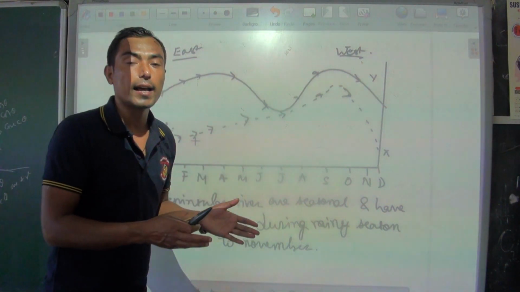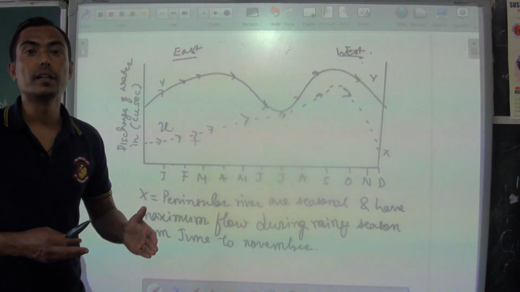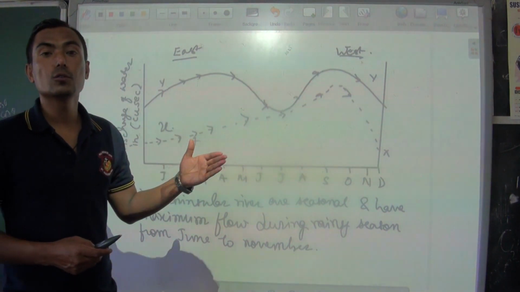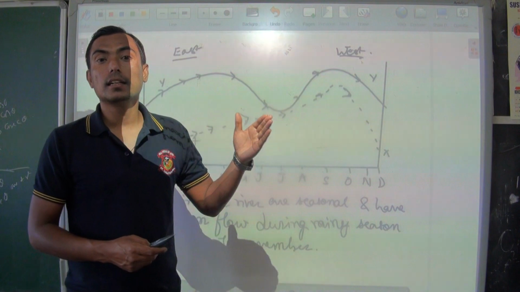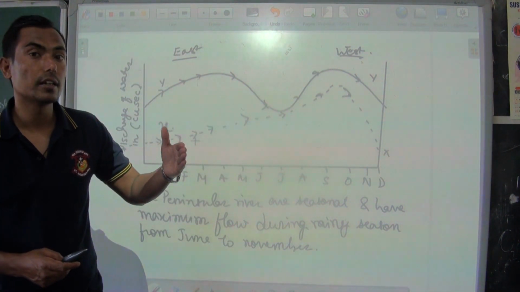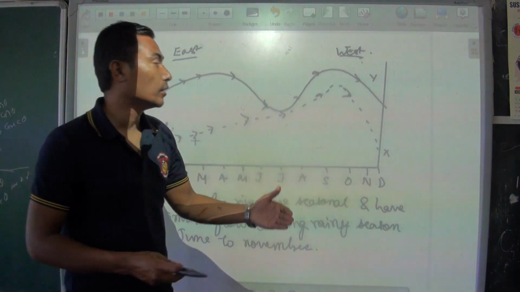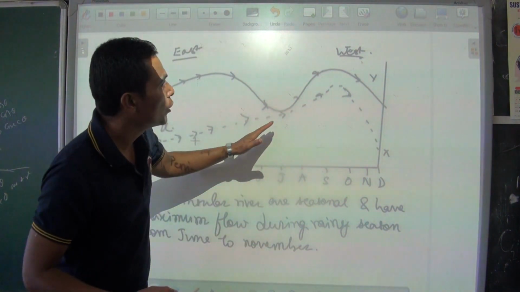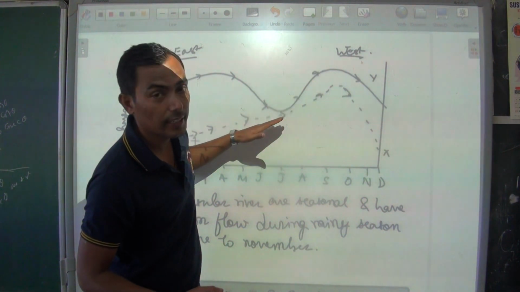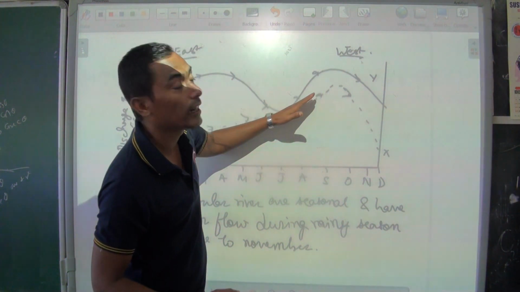And as soon as the southwest monsoon wind strikes over the Western Ghats, it gives sufficient rainfall. As it gives sufficient rainfall, the volume of water increases. Therefore, you can see that this graph is inclined at a higher elevation.